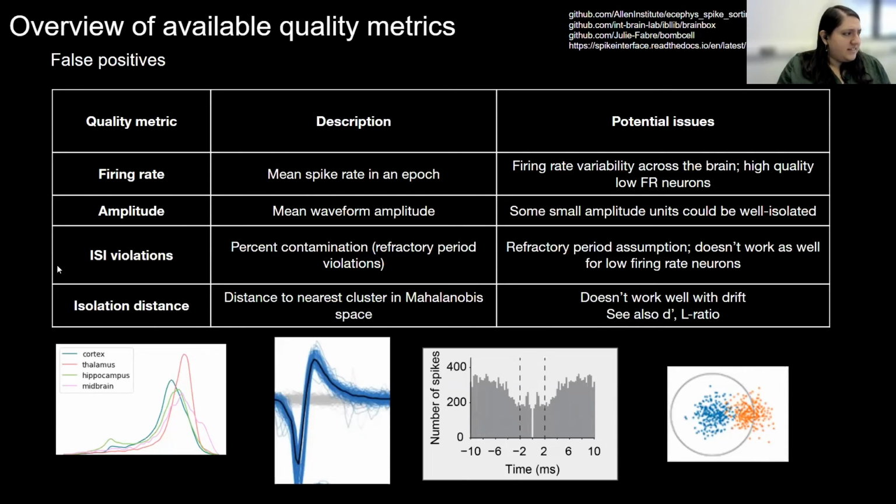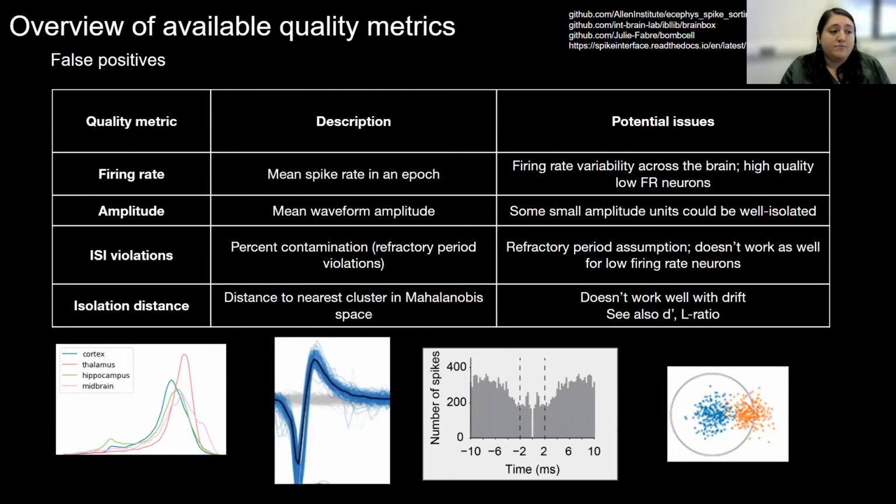All right, next, and I spoke about this a little bit before, is ISI violations, so refractory period violations. Typically there are a few different types of this metric. Typically people will just compute the percent contamination, basically a measure of how many refractory period violations you have relative to the firing rate of the neuron. There are a couple of issues here.